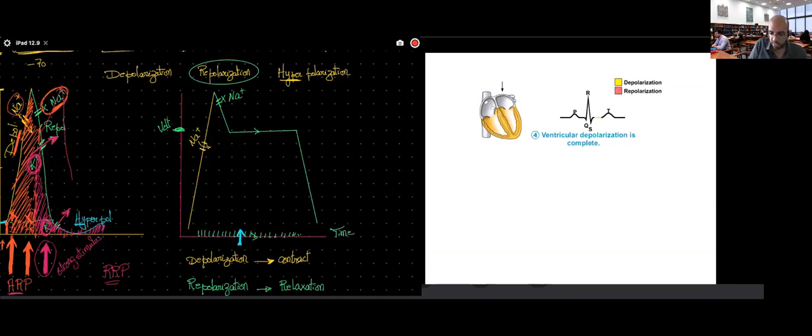So what I mean by having this flat line on the graph is simply that there is no change in the voltage, but there is time passing. I'm delaying the repolarization.